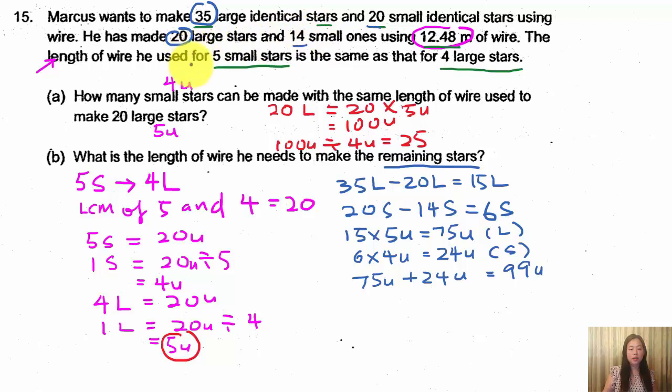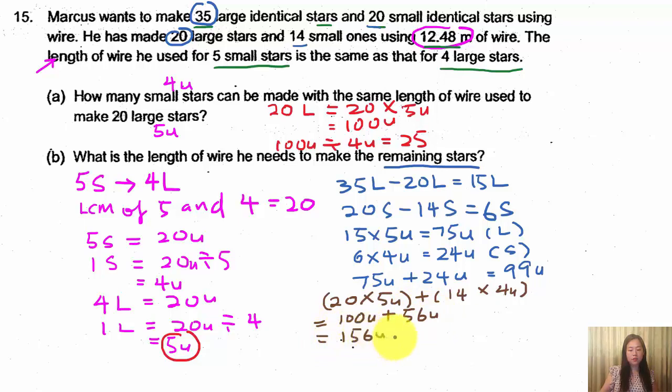So 20 large stars will be actually 20 multiplied by 5 units plus 14 small stars will be 14 multiplied by 4 units, which is equal to 100 units plus 56 units, and it will be 156 units.